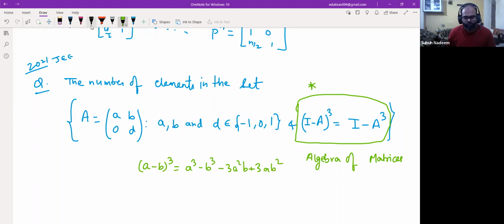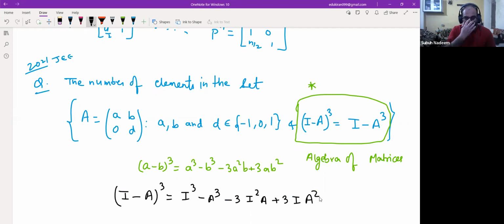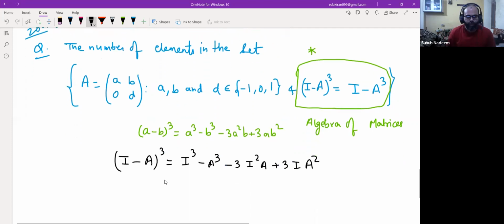In a similar way, if we take (I minus A) whole cube, it would become I cube minus A cube minus 3I square A plus 3IA square. So this would become identity matrix. How many times you multiply it, it doesn't matter. It will be identity minus A cube. Here identity is multiplied twice, then it is identity, and multiplied to A, then it will be A matrix only. Identity matrix multiplied with any matrix will give you the same matrix. So this is what we have.